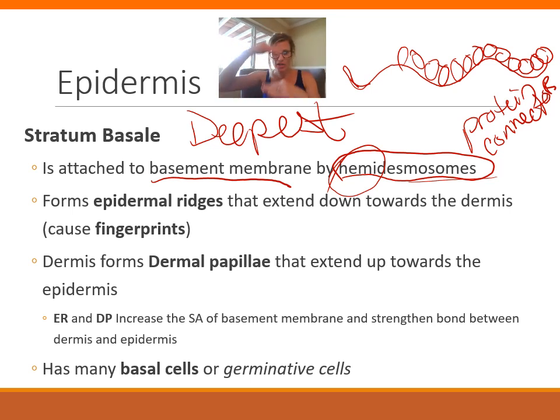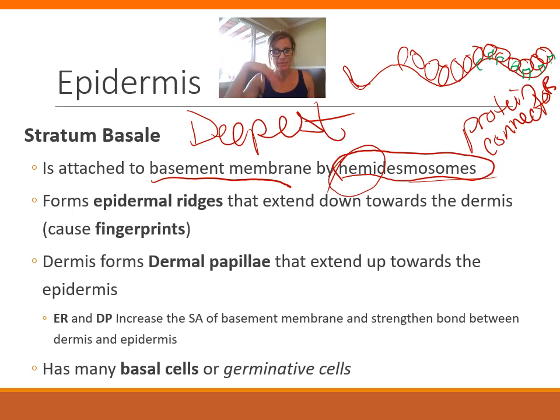So we need some way to hook it in, to attach those cells to the basement membrane. We do that with hemidesmosomes. Again, think of it as just a little protein staple that connects to the plasma membrane and the basement membrane, and it holds this together like this. That allows for a strong attachment. It strengthens the bond between the epidermis and the dermis.